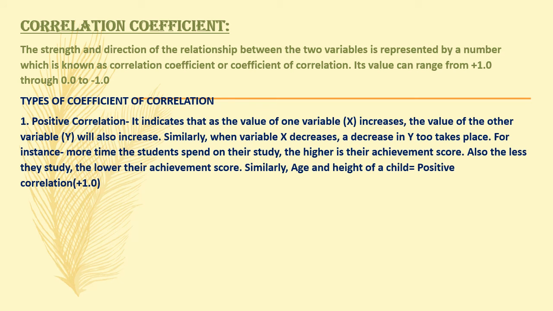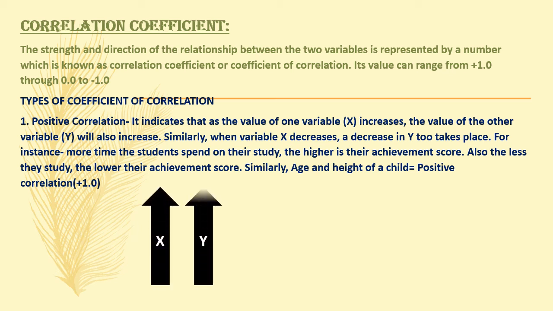Number one is positive correlation. The correlation method is very simple to understand, and where we are talking about positive correlation, it indicates that as the value of one variable, for instance x, increases, the value of the other variable y also increases. Similarly, when variable x decreases, a decrease in y also takes place.